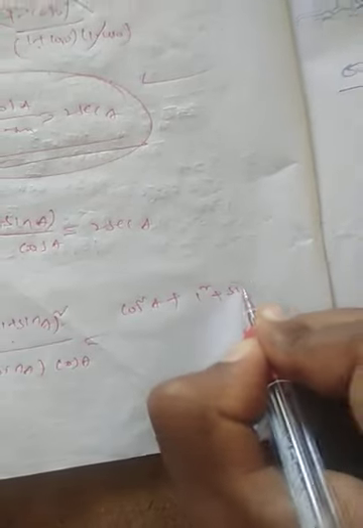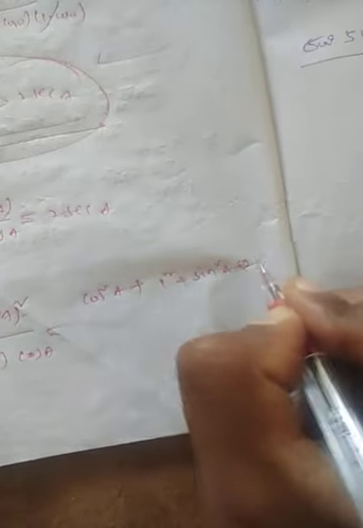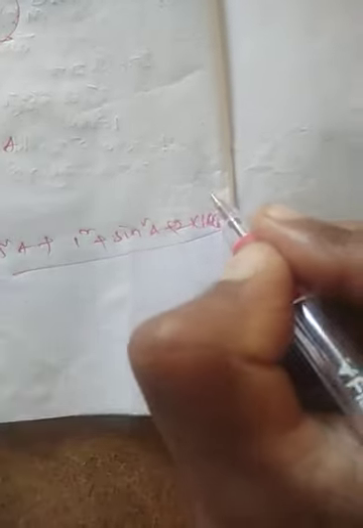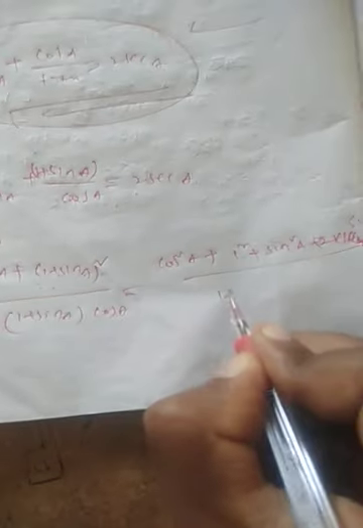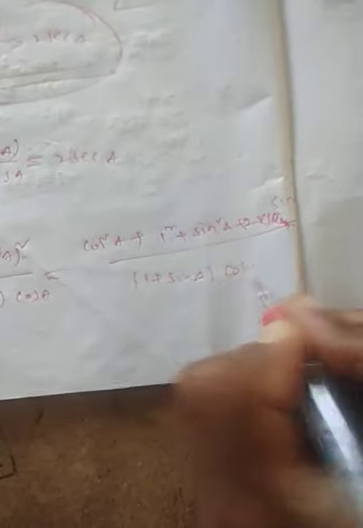What is that? A square plus b square plus 2ab, where 2 into 1 into sin a. So cos square a plus 1 square plus sin square a plus 2 sin a, divided by 1 plus sin a into cos a.